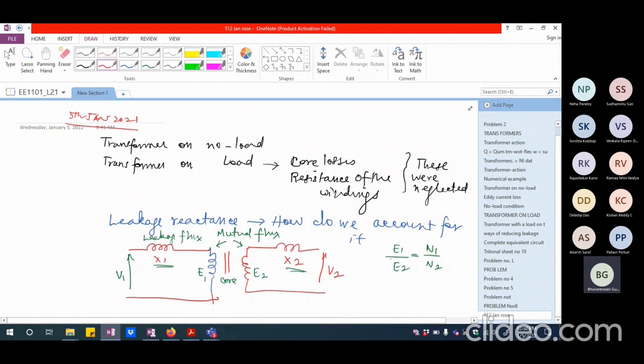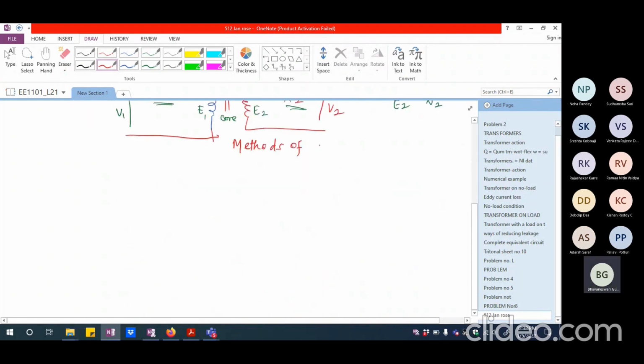What is actually available for the load is after the drop in the leakage reactance. That's what we said. And we also looked at methods of reducing leakage. We saw that as well, methods of reducing leakage.